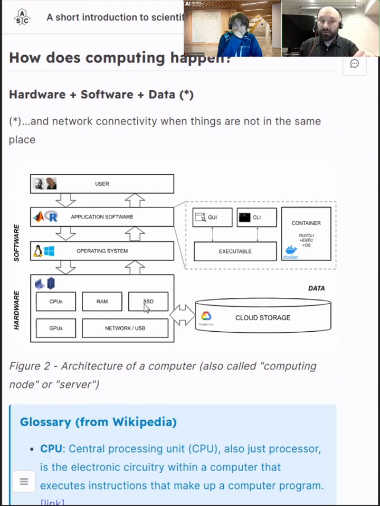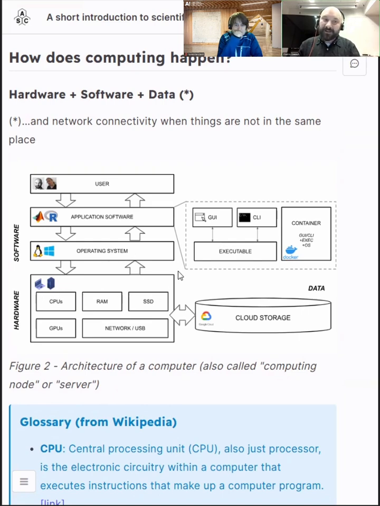Do you need to use the local disk, which is this SSD here, or will you use some network disk that is not physically inside the hardware that you're using? These are things you will need to think about daily when you work with high performance computing systems, but sometimes you forget that they are always there whenever you are working.